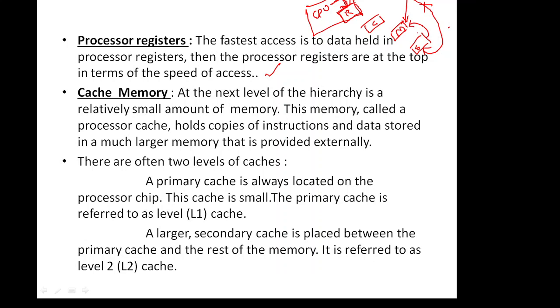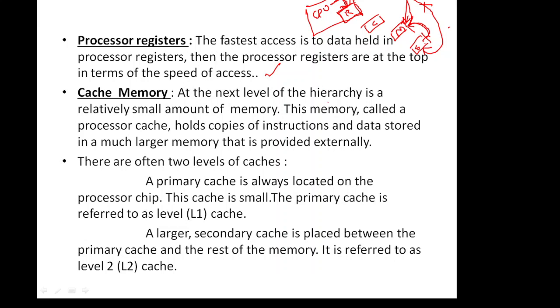If the instruction we are fetching is not in the main memory, the operating system will take that particular instruction from the secondary memory to the main memory, so that the CPU will take that instruction from the main memory. That's it. But the CPU can't contact the secondary memory directly.